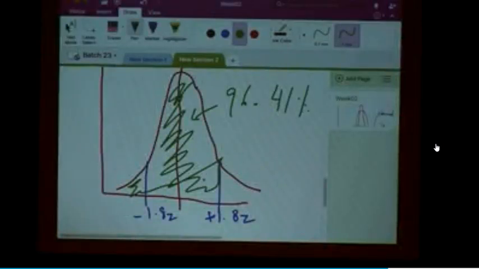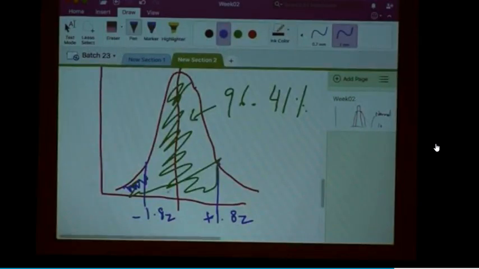And so I subtract this part from there to get this probability. This is the area. So I can look up minus 1.8 and get the area and subtract this area from that one. Or else from 96.41, it's easy.